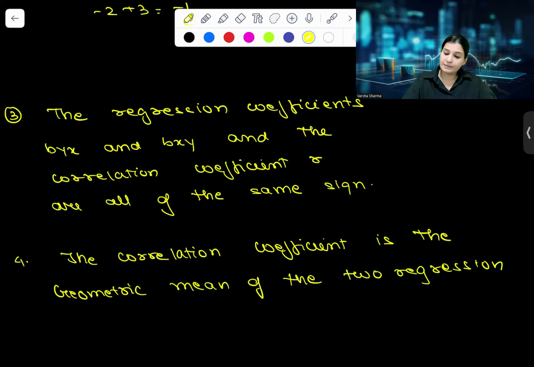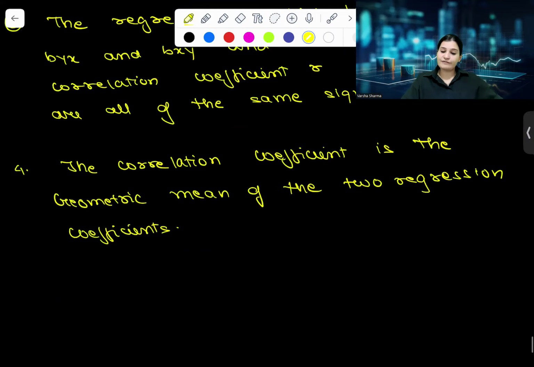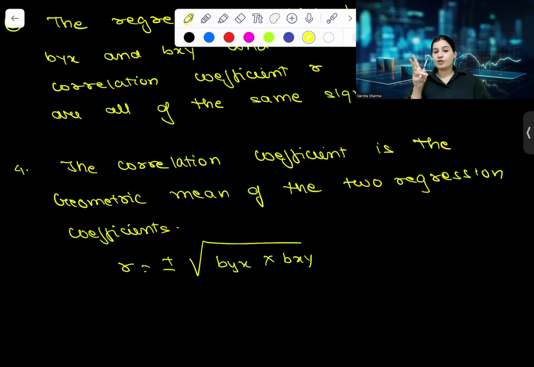How do we find the geometric mean of A and B? The geometric mean is root AB. So in this case, the correlation coefficient R is the geometric mean of the two regression coefficients. If both of them are positive, then R will also be positive. If both of them are negative, then R will also be negative.